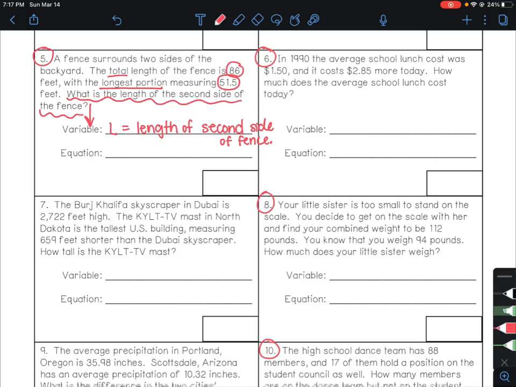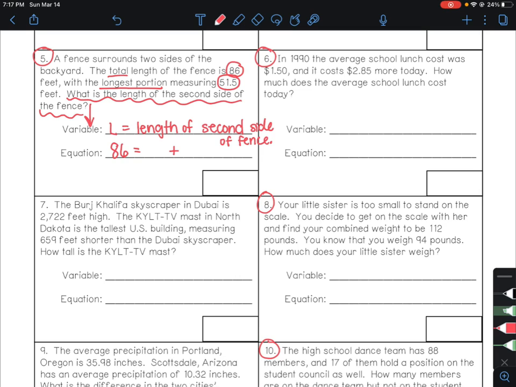Now for the equation, we have to put together our annotations. I underlined total and circled 86. So the total length of the fence, the whole thing, is 86 feet. So 86 is going to equal a total. Total means add. And what are the 2 things we're going to add?